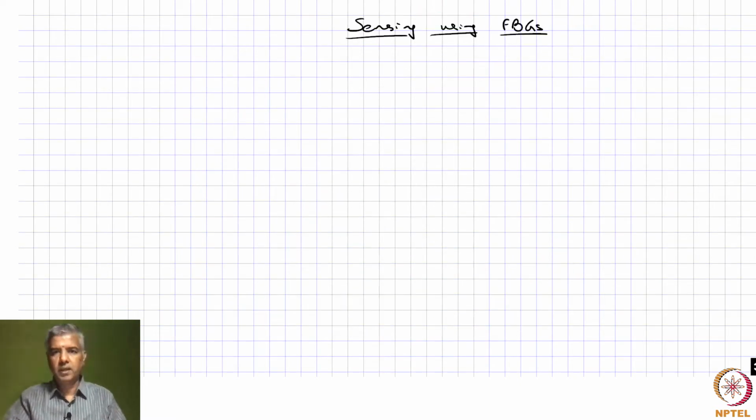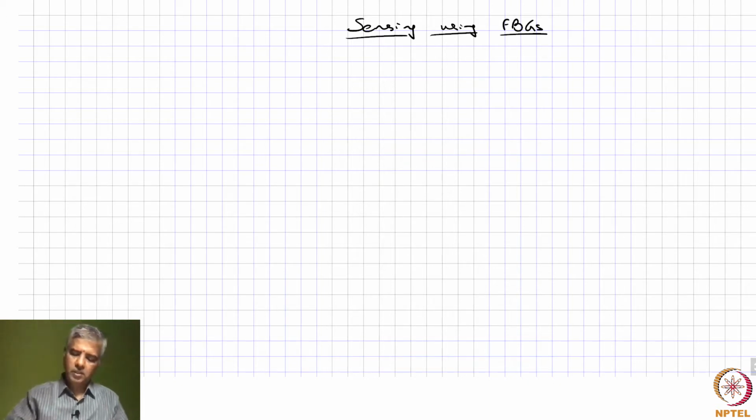Let's look at how we accomplish the sensing using fiber Bragg gratings, and then we will look at a case study. Let's go ahead and design a bridge monitoring system using fiber Bragg gratings. That's what we're going to do in today's session.